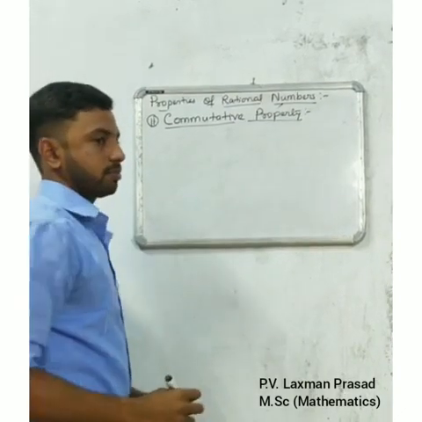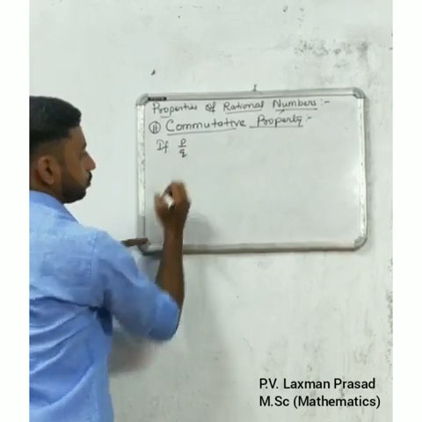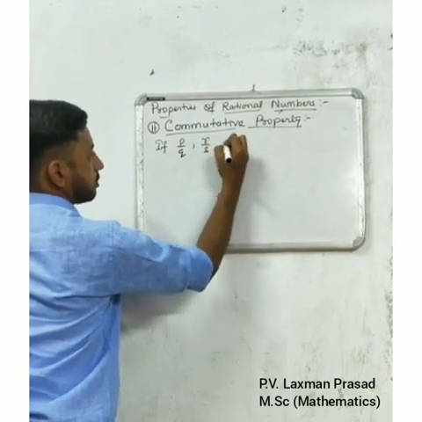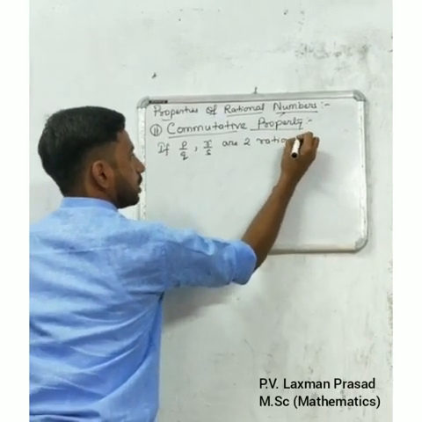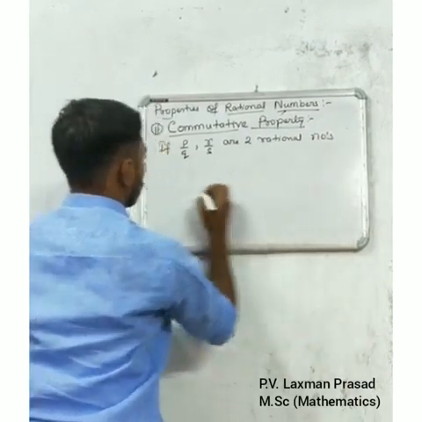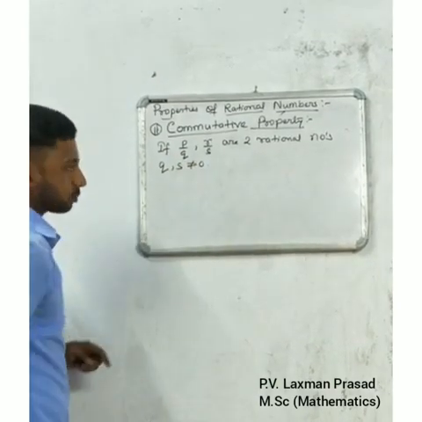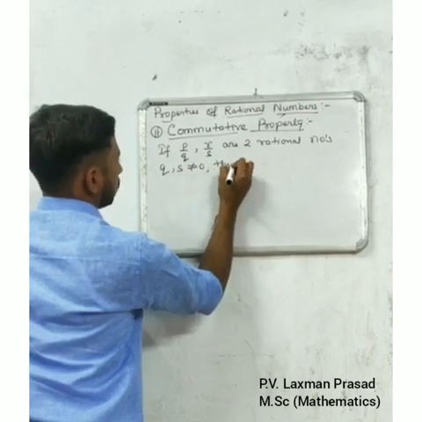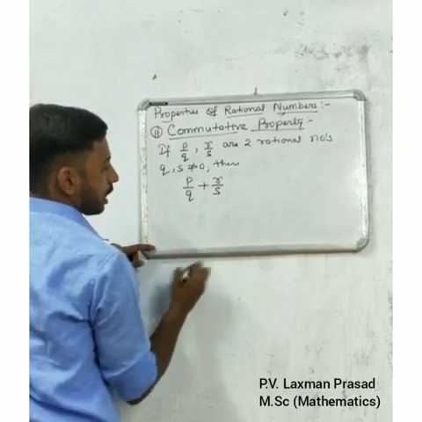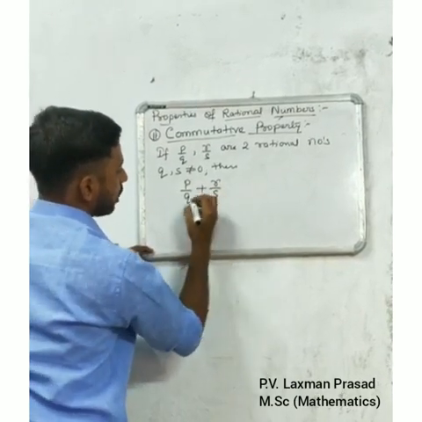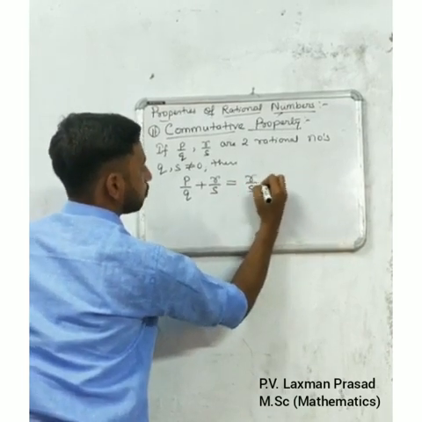Commutative property says that if p by q and r by s are two rational numbers where both q and s are non-zero, then p by q plus r by s, again using the addition operation, is equal to r by s plus p by q.